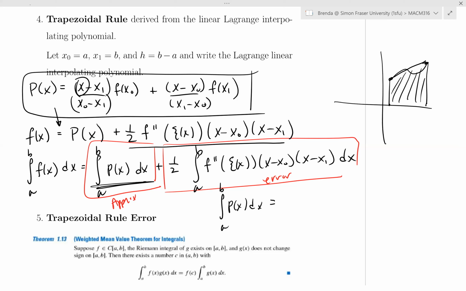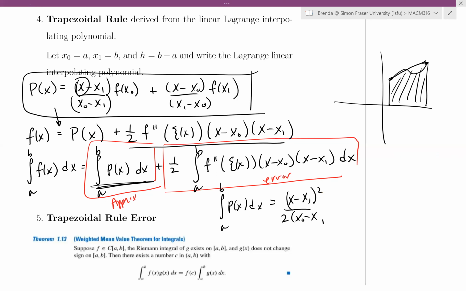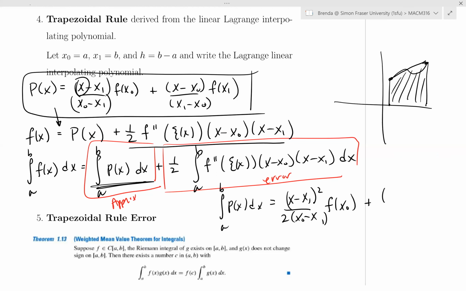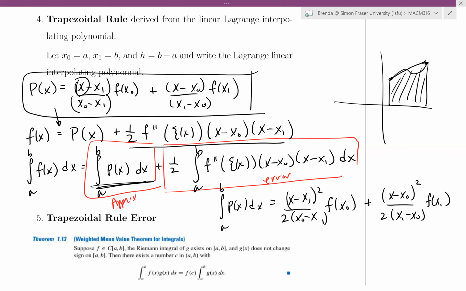It's not bad, and that looks like this: (x minus x1) squared over 2 times (x naught minus x1) times f at x naught, plus (x minus x naught) squared over 2 times (x1 minus x naught) times f at x1. Okay, is that reasonable?